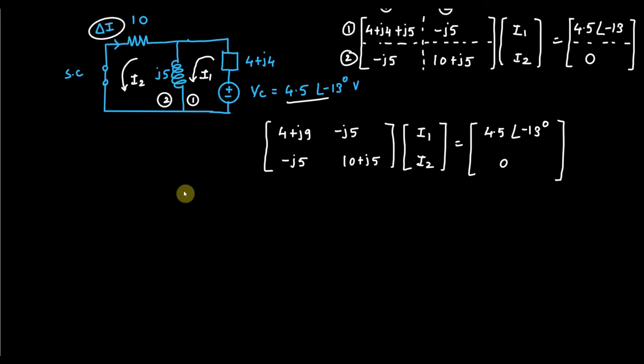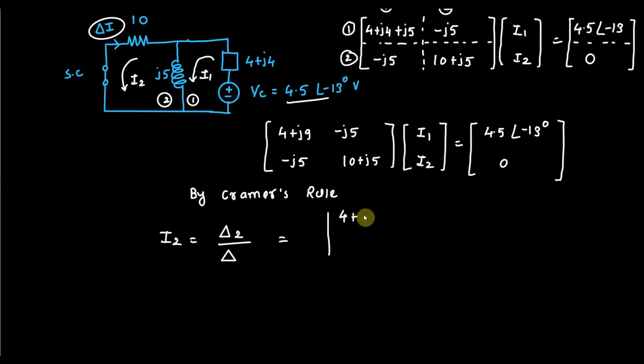So use the same method of mesh analysis. By Cramer's rule, your I2 is equal to delta 2 by delta. Now write the delta 2. Just replace the second column by the voltage matrix.